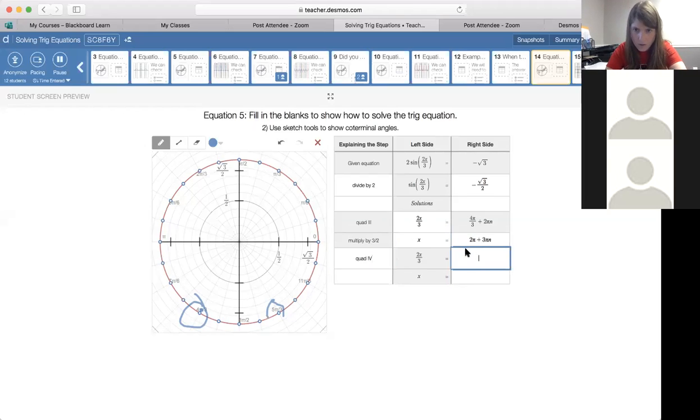And then they wanted you to do the 5 pi over 3 here, plus 2 pi n, and then multiply by the 3/2 like we did. And then we simplified the coterminal angles, did this.